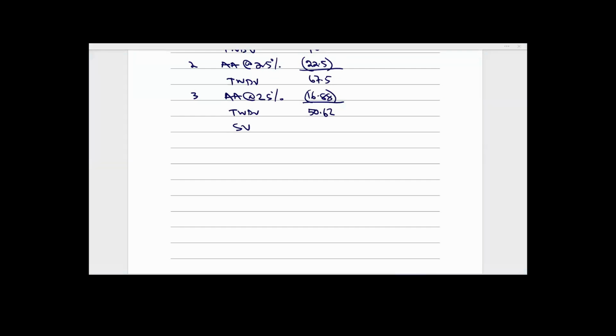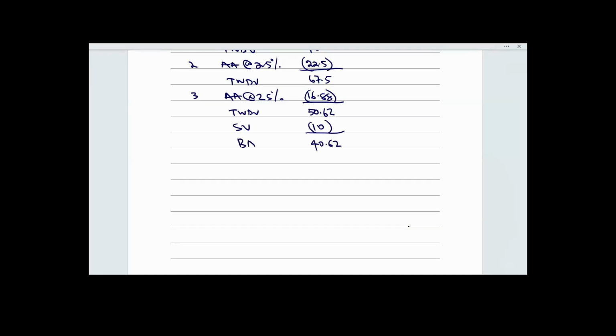The equipment is expected to be sold at the end of 4 years for 10 million naira when the production and sales cease. So here will be 10. Less that, the difference will be 40.62. I said that if the tax written down value is higher than the sales proceeds, the difference is called balancing allowance.